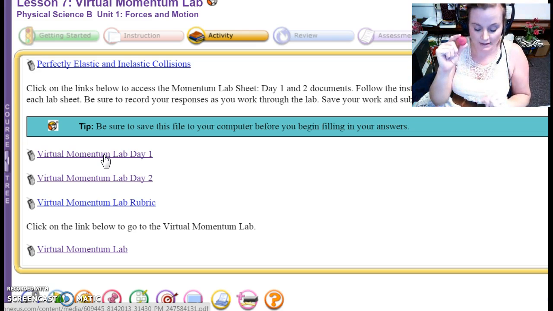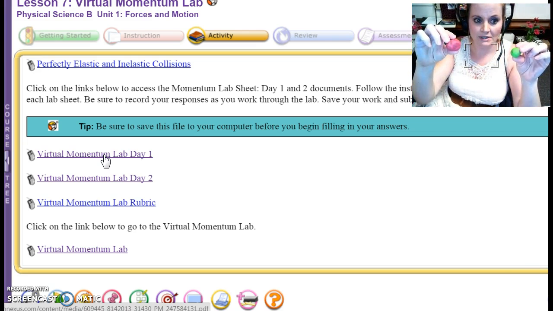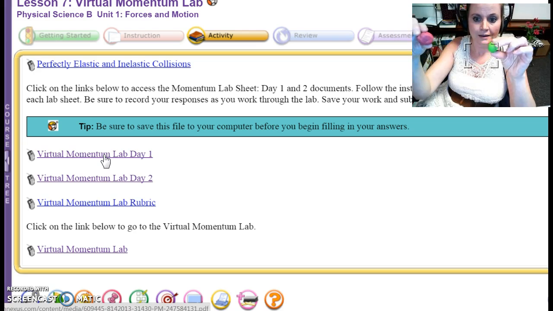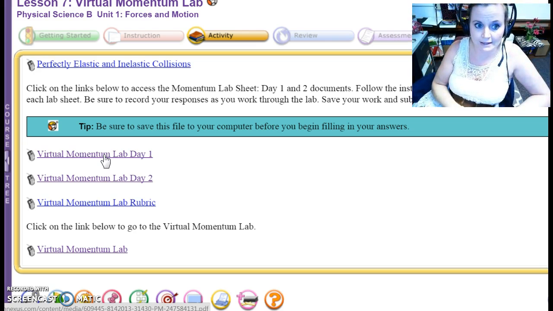So mass times velocity is momentum. And if you've got a second object, it also has a mass and velocity. So it also has momentum. If these two objects come together and collide, they both still have the same mass, but they probably don't have the same velocities after the collision, right?